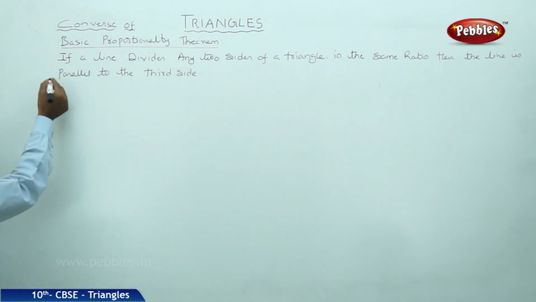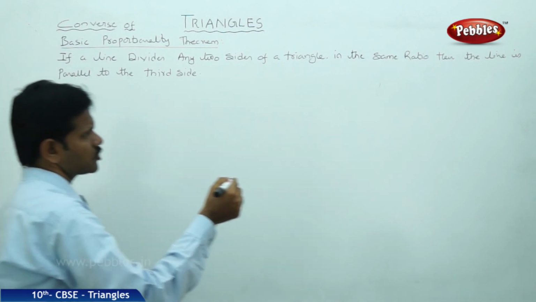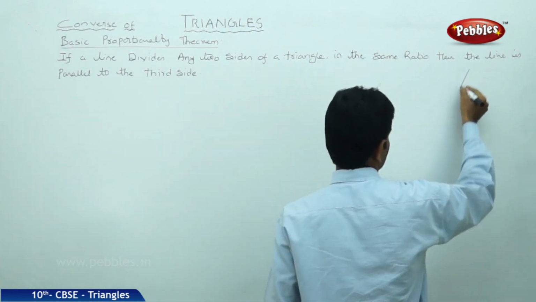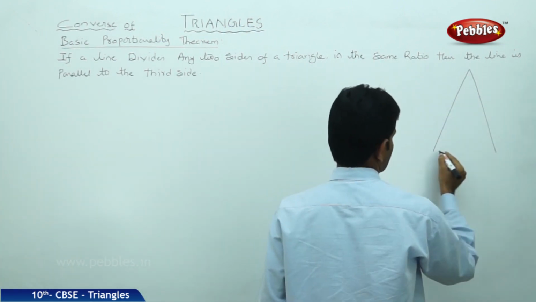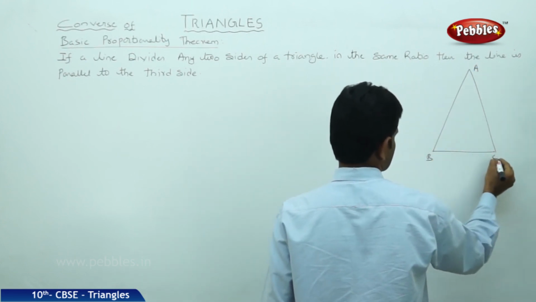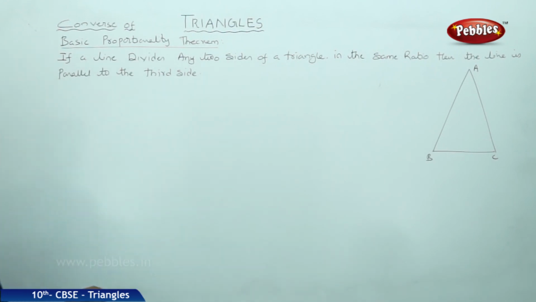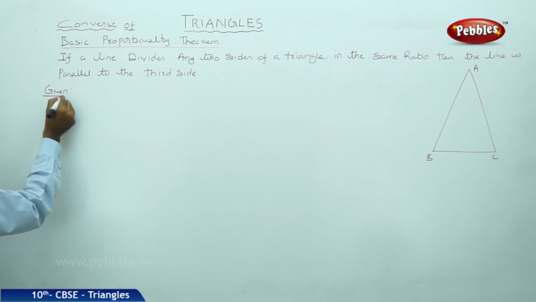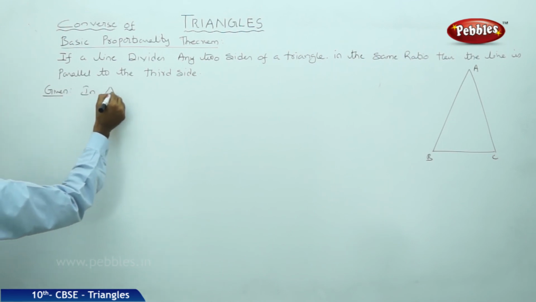Now let us draw the diagram. Given: in triangle ABC.